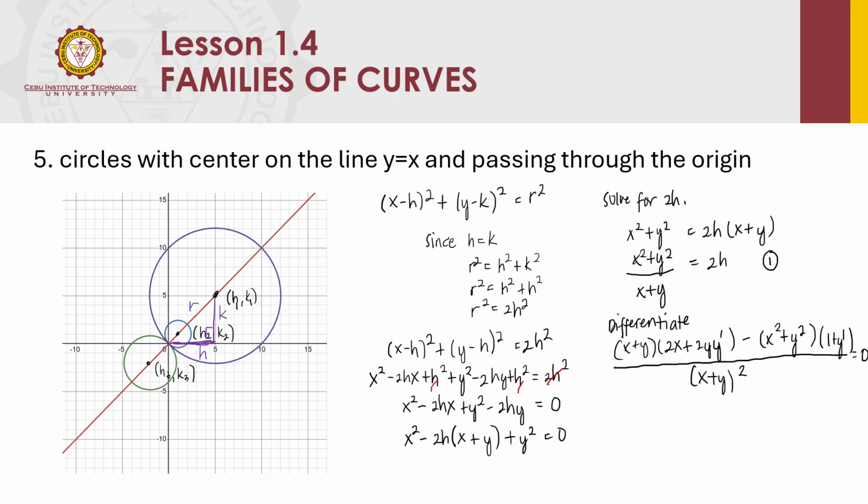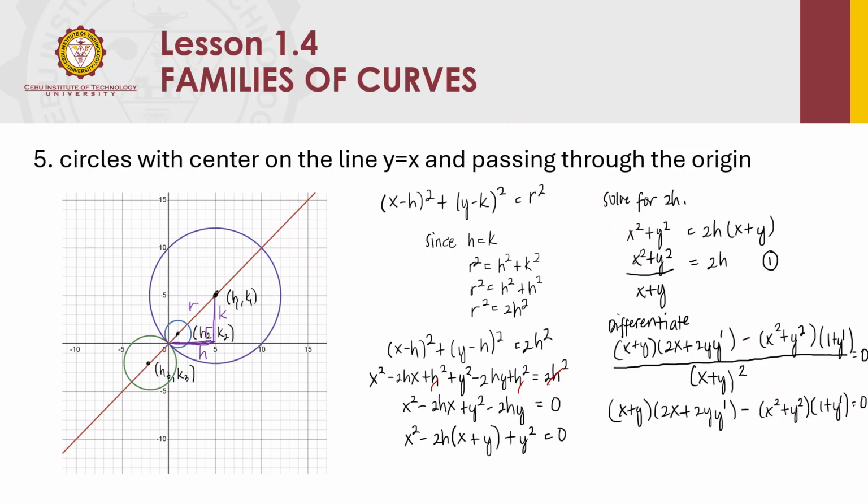Multiplying the whole equation by the denominator, the square of x plus y, we get (x plus y) times (2x plus 2y prime) minus (x squared plus y squared) times (1 plus y prime) equals 0.